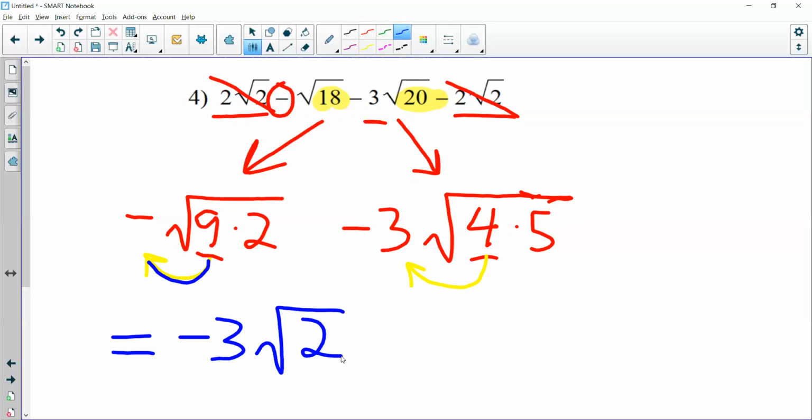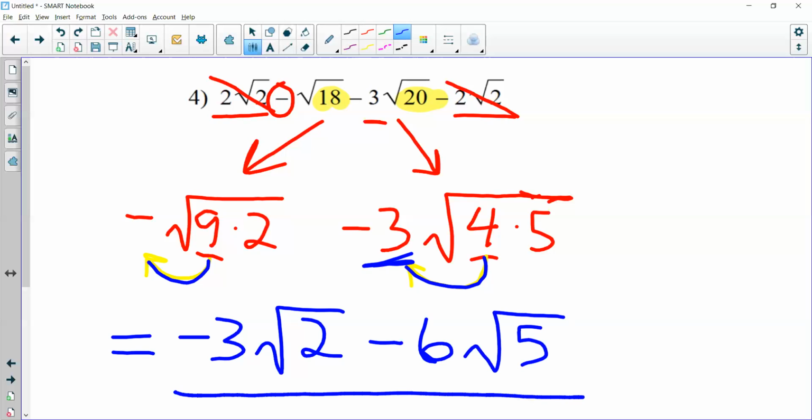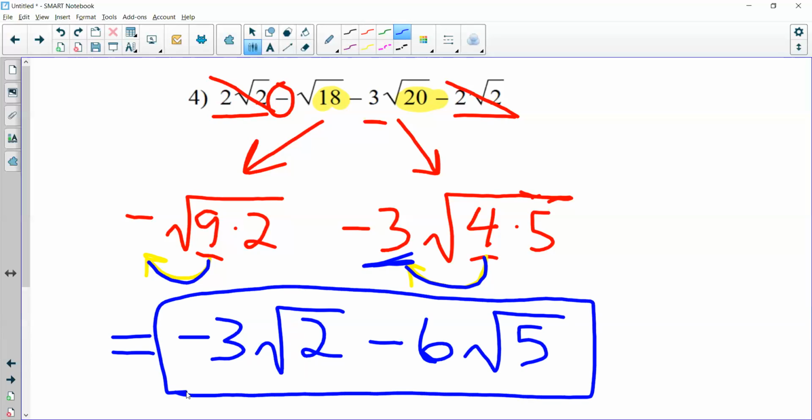When I remove the 4 from the radical, it becomes a 2, which multiplies by the -3 that's already there, and I get -6 radical 5. This is our answer because the radicands are simplified and contain no perfect squares.